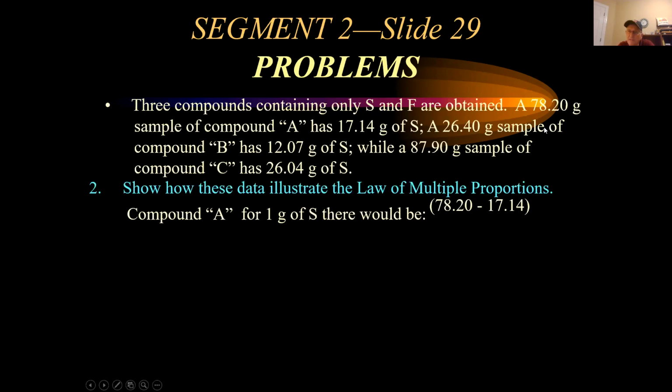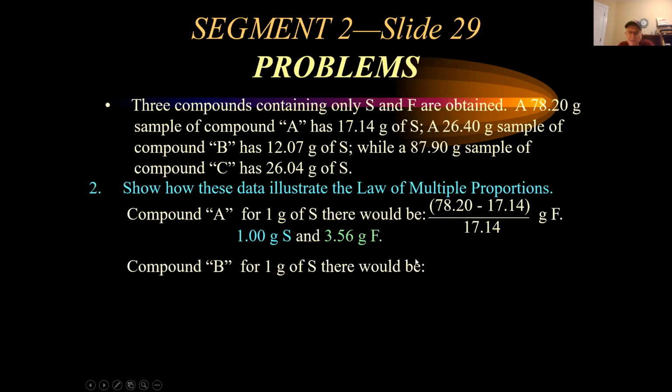So if I took the 78.2 and subtracted off 17.14, that's the amount of fluorine that's present. Then I need to divide that by the 17.14, because that's what I did to the sulfur, and when I do that, I come up with 1 gram of sulfur combined with 3.56 grams of fluorine.